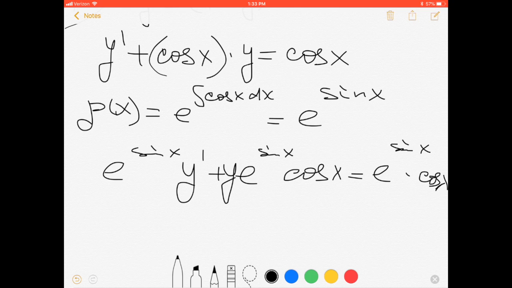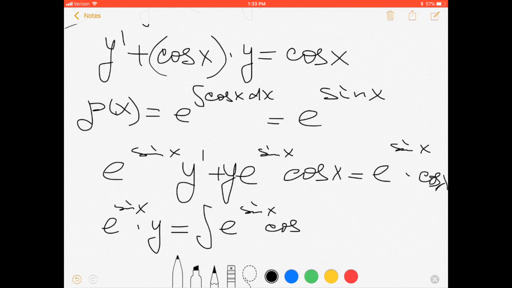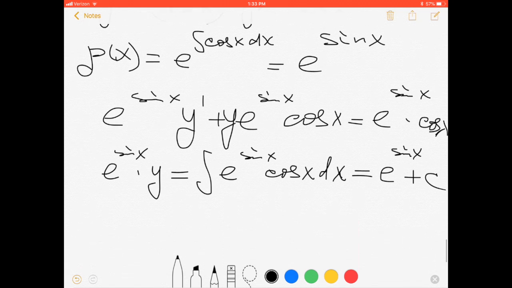Okay, our left part will be the derivative of e to the sine x times y. Take the integral of e to the sine x cosine x dx. What does this give us? If you substitute sine x like t, you can easily see it will be e to the sine x plus c.